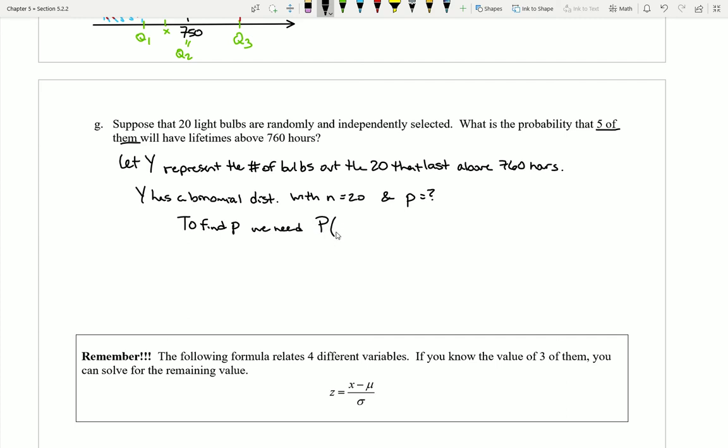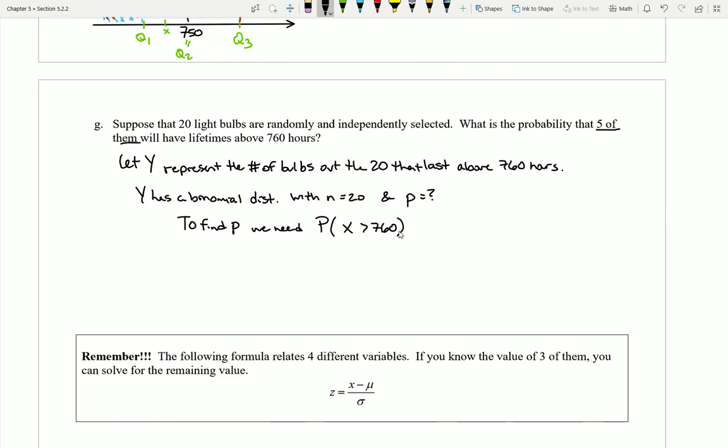So I need the probability that the lifetime of a light bulb is over 760 hours. Well, wait a minute. Doesn't the variable x that we looked at up above stand for the lifetime of a light bulb? So this would say, what is the probability that the lifetime of a light bulb is over 760?